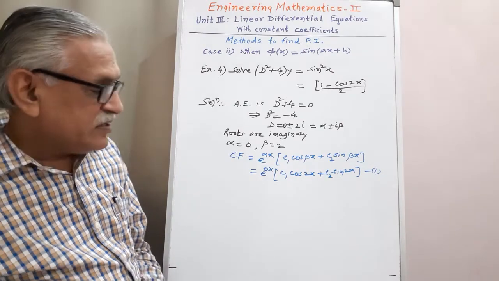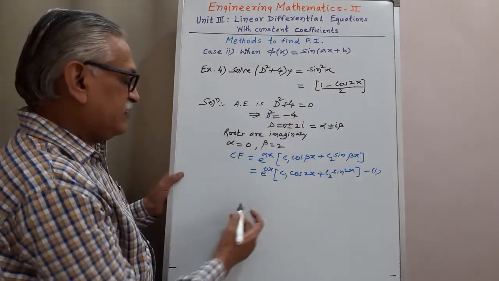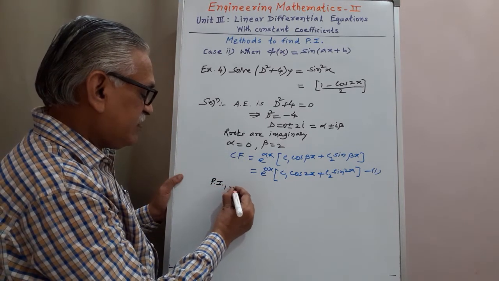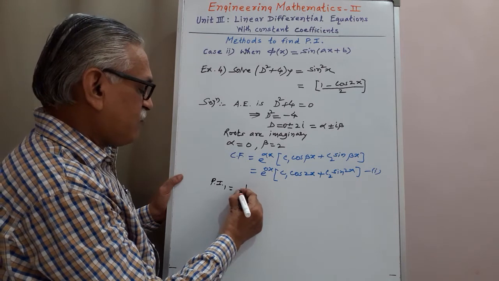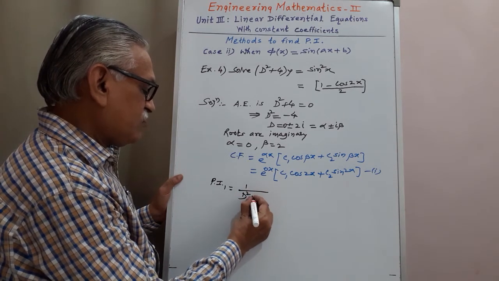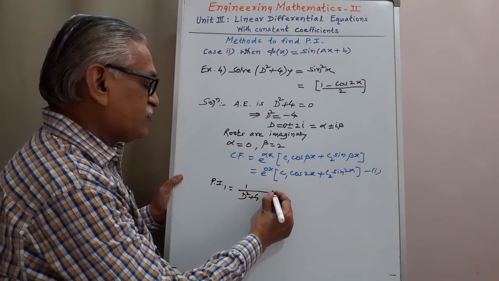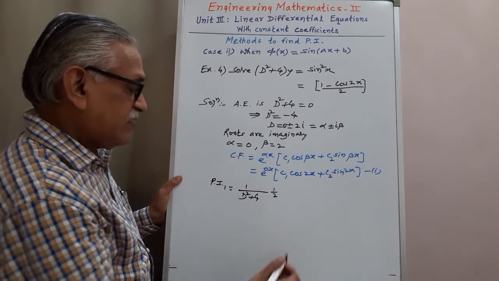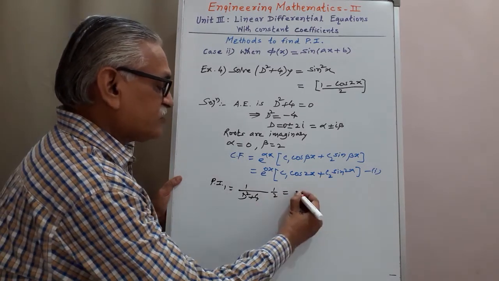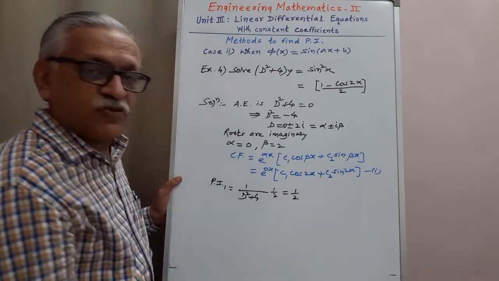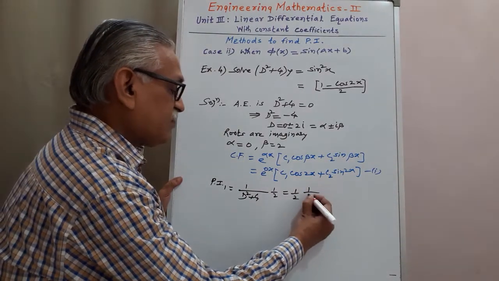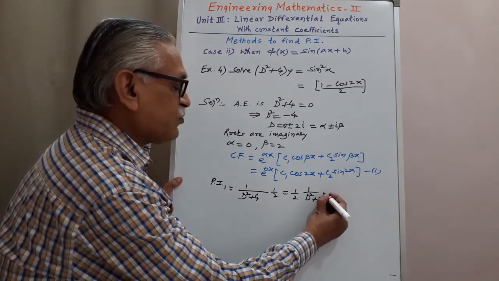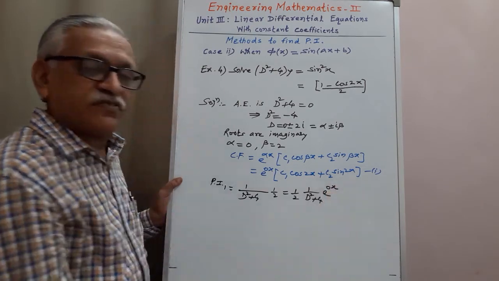Then in the second part we find out PI. Therefore PI1 and PI2. PI1 is 1 upon D square plus 4 operated on 1 by 2. This I can rewrite, the constant I can take outside before the operator, 1 upon D square plus 4, and that 1 we convert in exponential form as e raised to 0x.